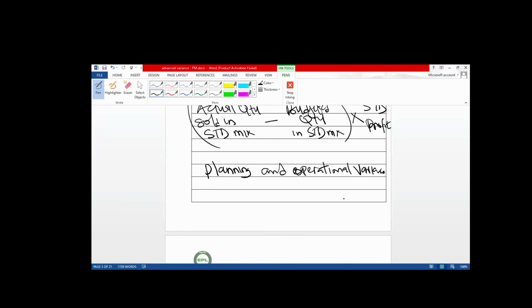Planning variance is used to measure the amount of errors included in the original standard.